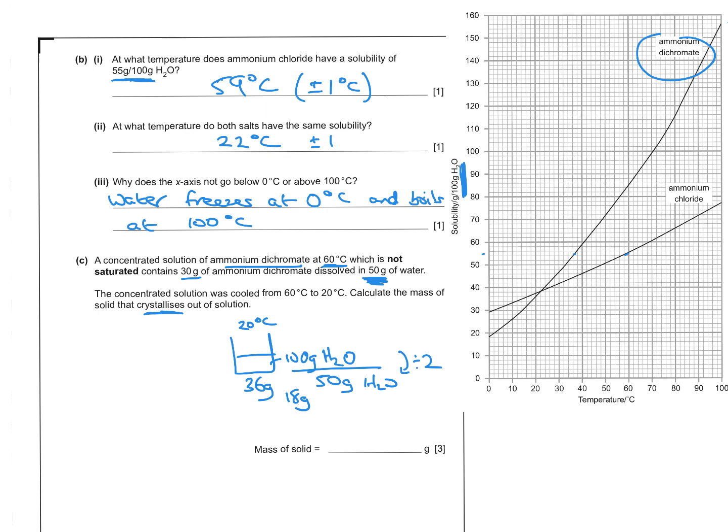Just to go over that again, we've worked out from the graph that 36 grams of ammonium dichromate will dissolve in 100 grams of water. Therefore, if you had 50 grams of water, 18 grams of ammonium dichromate would dissolve, because we've just halved it from 100 to 50, therefore we have to halve the 36 to 18.